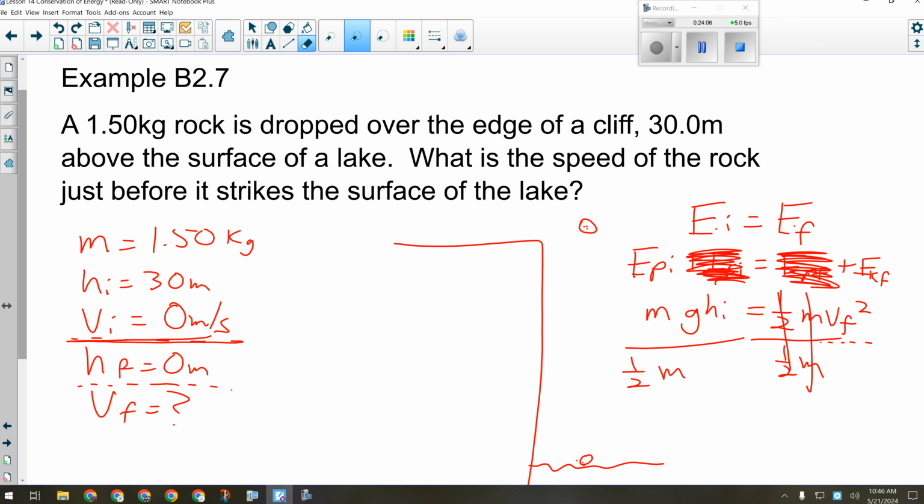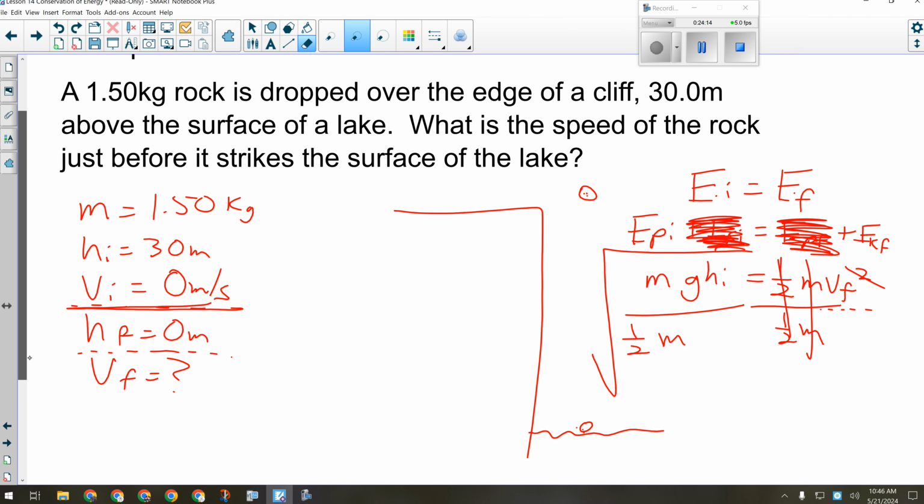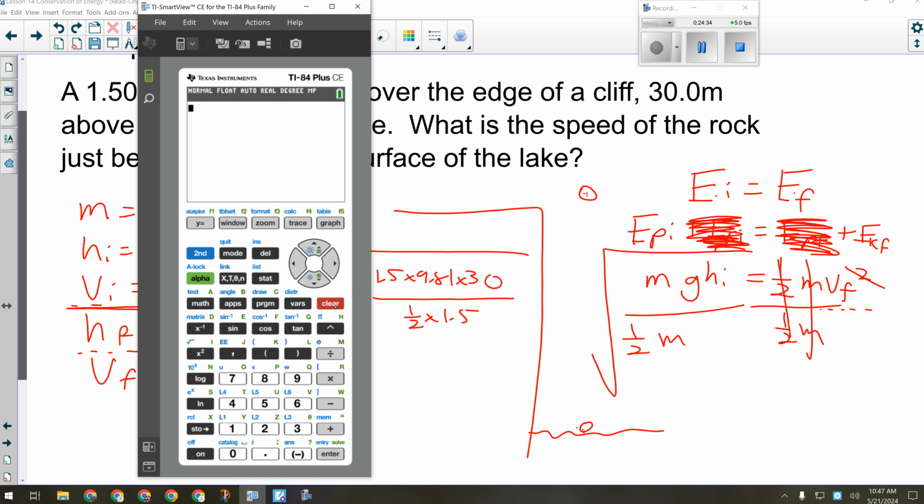That gets me VF squared, so I'm going to square root that, just like I would have done with the work energy theorem question last week. Now I'm solving for VF. VF is going to be 1.5 times 9.81 times 30, divided by 1/2 times 1.5. If I do that, I should get the speed of the rock when it hits the lake.